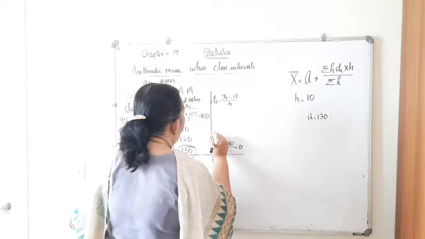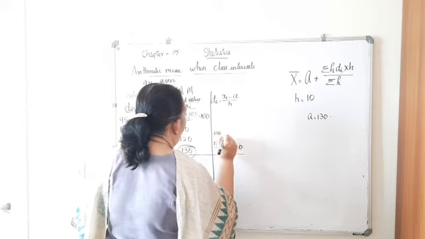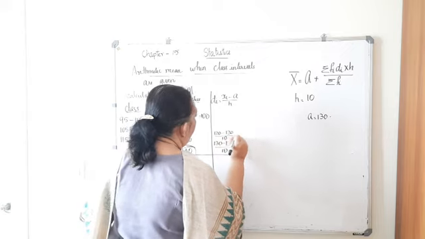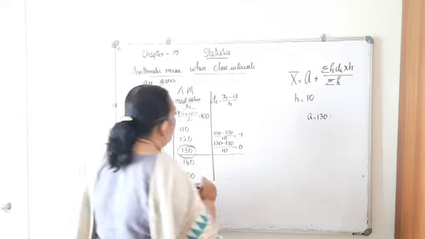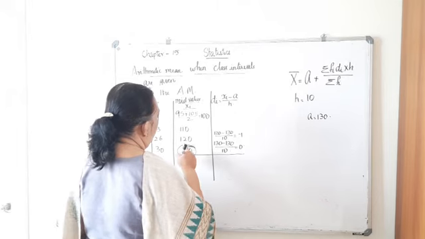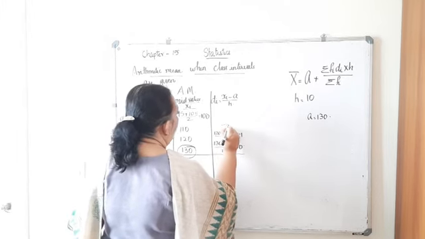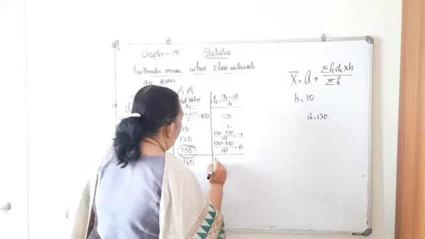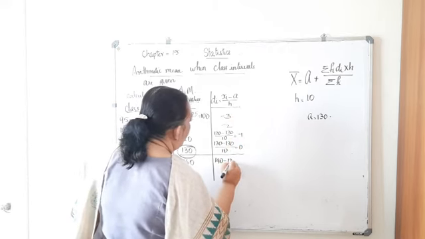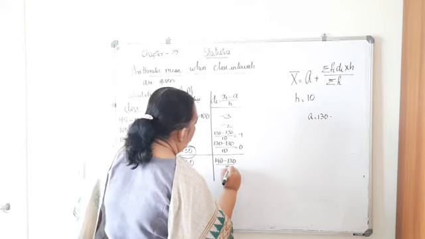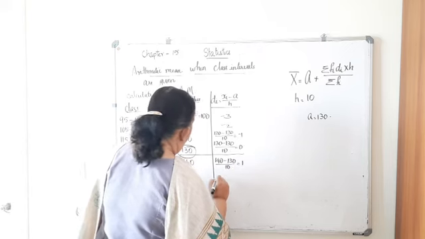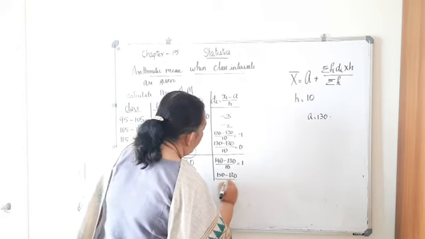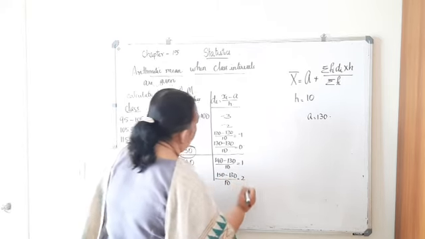Next, 120 minus 130 divided by 10, minus 10 by 10, is equal to minus 1. This will be minus 2. This will be minus 3. This will be 140 minus 130 divided by 10, equal to 1. 150 minus 130 divided by 10 is equal to 2.